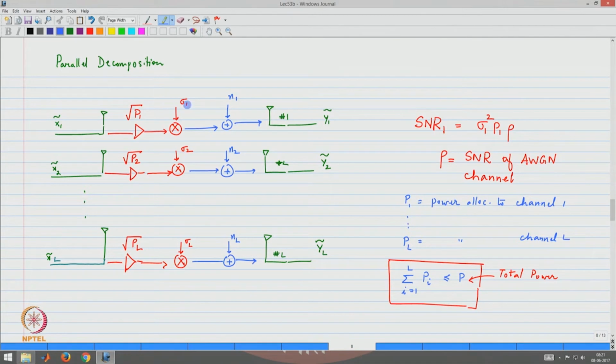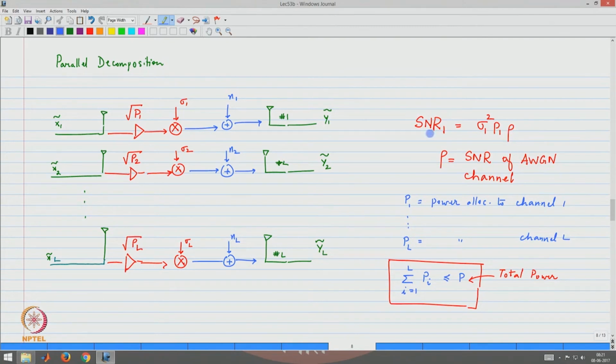Now, when you have sigma 1 it becomes sigma 1 squared times rho, and if you have square root of P1, which is a scalar, then the total SNR becomes sigma 1 squared P1, which is P1 times rho, where rho is the SNR of the AWGN channel.